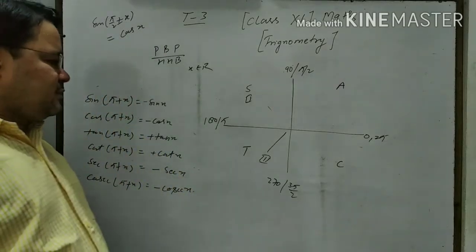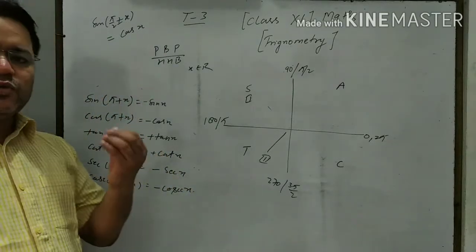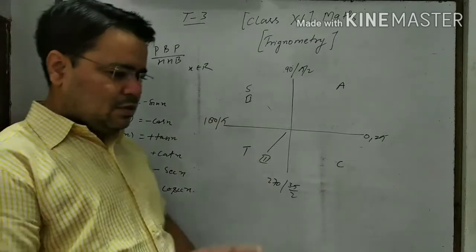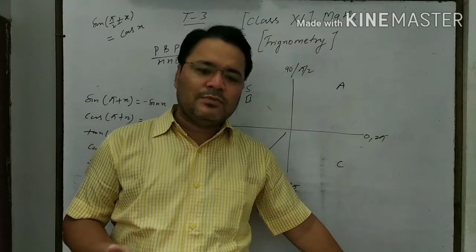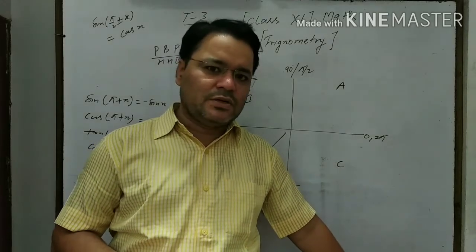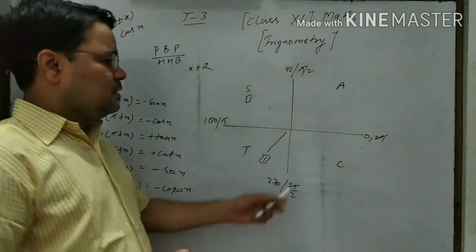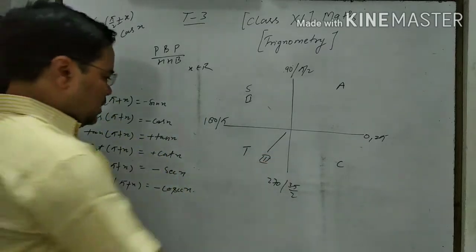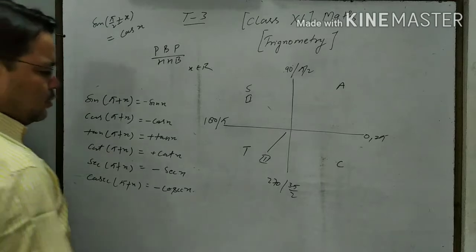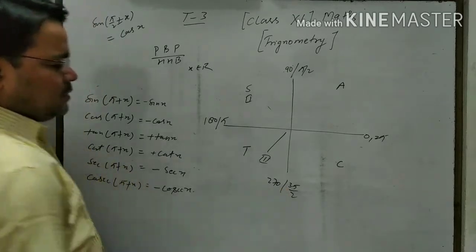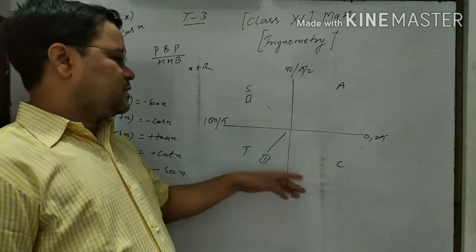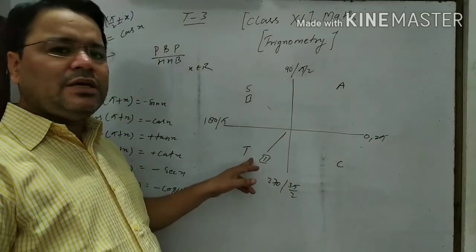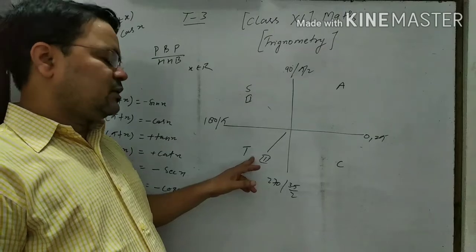I hope you understand this, and try to build a concept about how to learn it. If you only memorize without making a proper concept, it will be very difficult to learn. But if you learn with the help of the concept, then it will be very easy. Similarly, for sine of 3 pi by 2 minus x, it will be in the third quadrant.